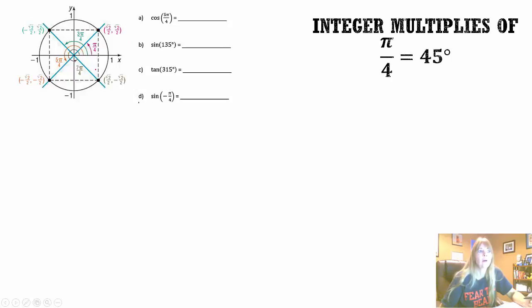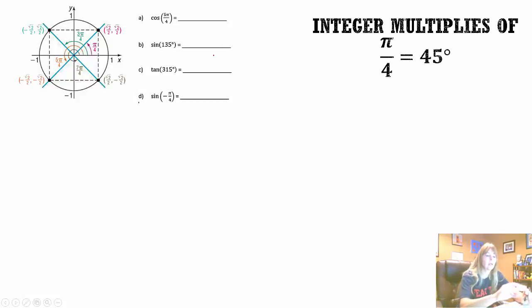Remember we talked about in the review about reflecting these points? Well, I know if I reflect that, the y didn't change, so it's the same. I can see that the x value went negative. Same thing here, the x value stayed the same, but the y went negative, and when I reflect across the origin, both of them go negative.